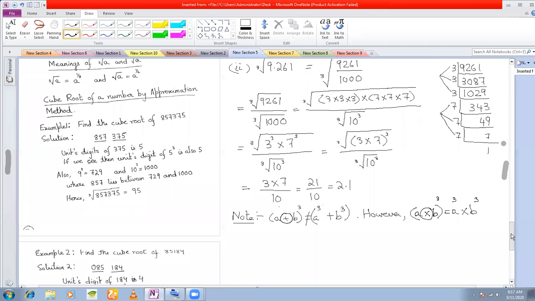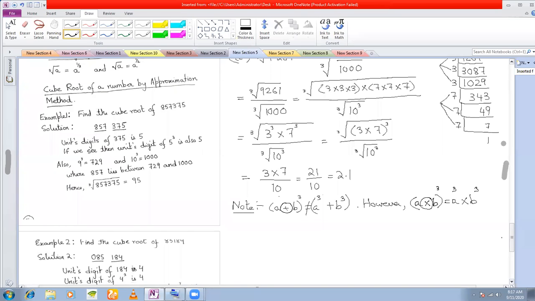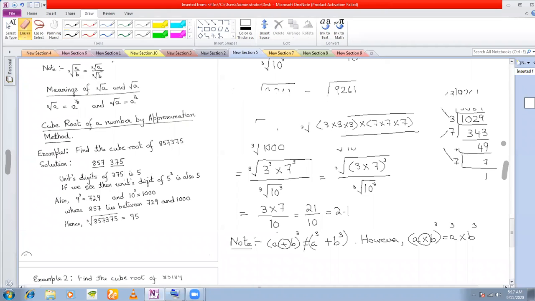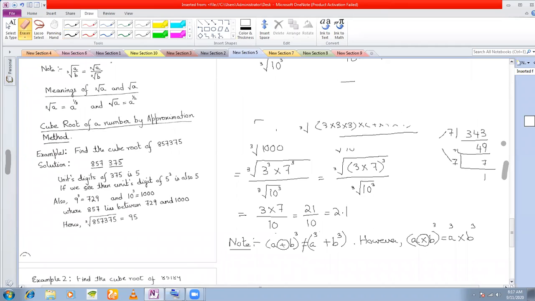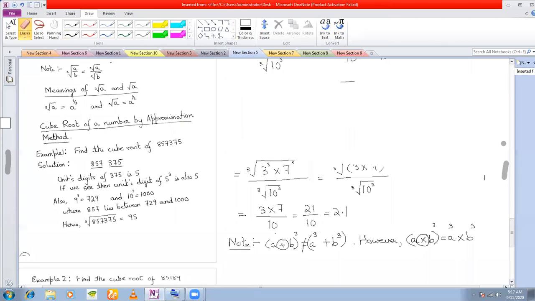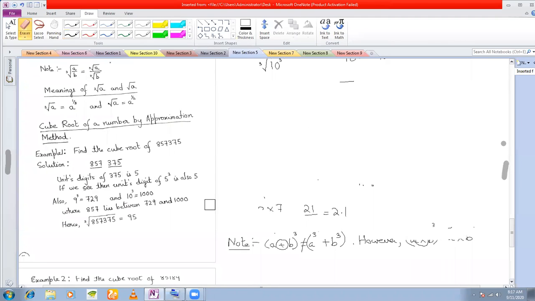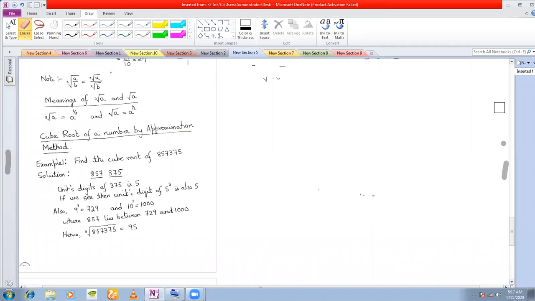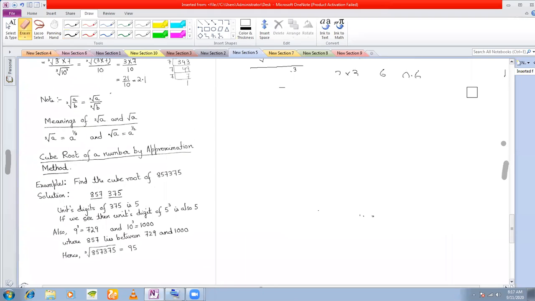Next, another important concept, cube root of a number by approximation method. The second technique of finding the cube roots. The first technique that we did was the prime factorization method, and this is my second method of finding cube roots.